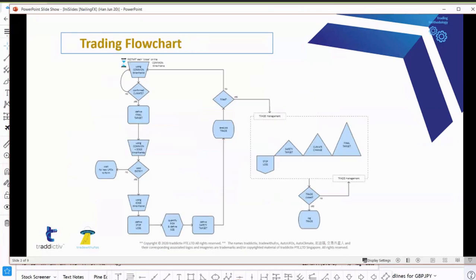And this would be the trading flowchart or methodology that we go through in our classes to give some structure to the decision-making process that we like to expose our students to, and level set them on the terminology that we use and the steps involved in applying the technology that we have on offer.